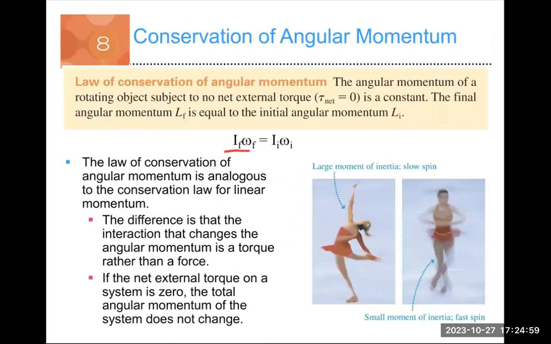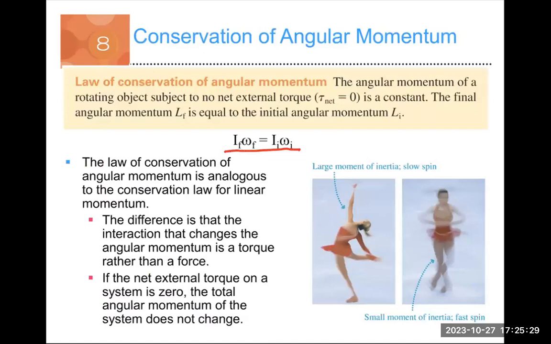So we have I omega final equals I omega initial. Just like conservation of linear momentum, the difference is that the interaction that changes the angular momentum is a torque rather than a force. So if the external torque on the system is 0, then the angular momentum of that system doesn't change.